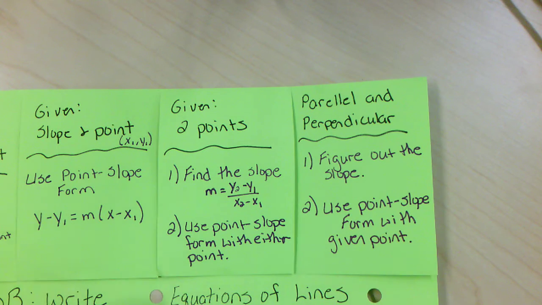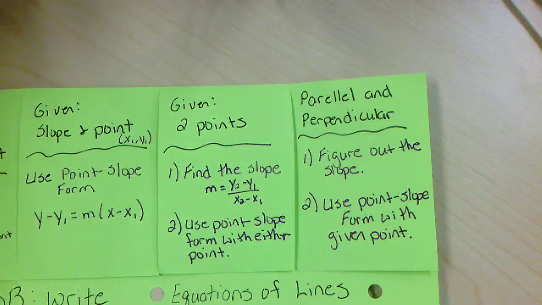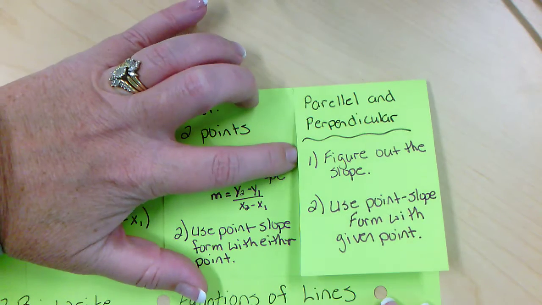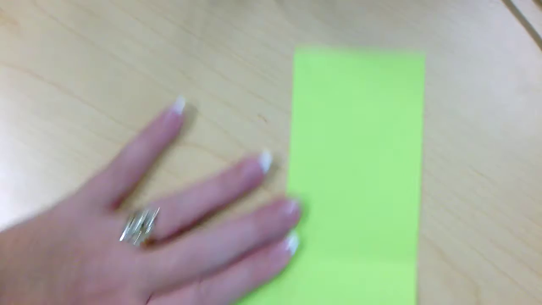Okay, so as a little bit of review again, it's just figuring out this slope, whether or not it's parallel or perpendicular. So we're going to do a couple examples right here. We're going to do one that is parallel, and we're going to do one that is perpendicular.